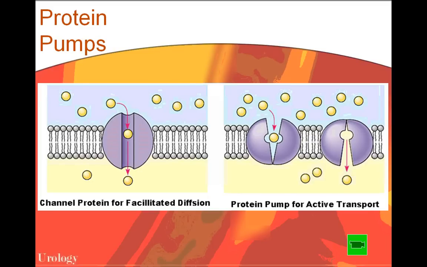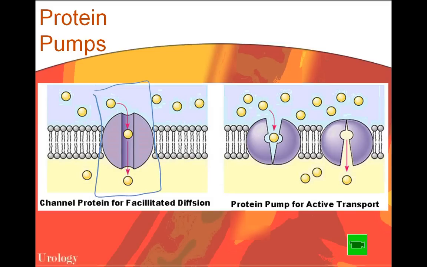All right. Bulk transport aside, there is another type of active transport, and that's using a protein pump. I have two pictures up here in front of me. One is a picture that we have seen before or have seen something like. What is going on in this picture? That's facilitated diffusion.